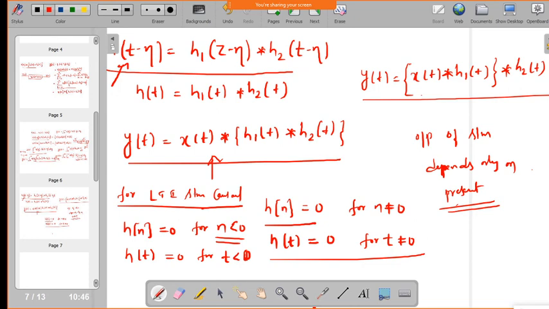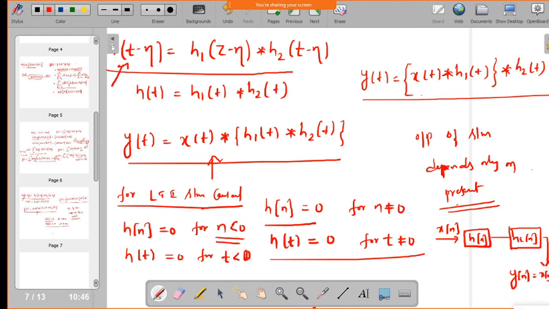And even if you take the invertibility of the system, if you take any x of n and pass it through the impulse response h of n, and the inverse of this system exists, that is h inverse of n, then your y of n will be equal to your x of n.